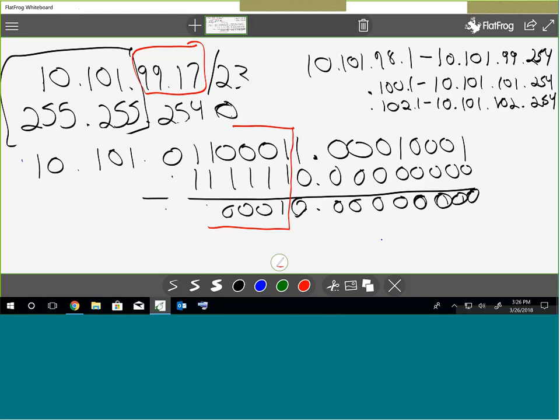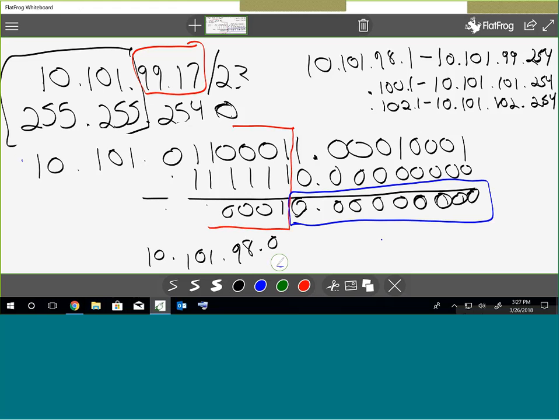So if the network number is 10.101.98.0, that is when all your host bits are zeros, correct? Right. Okay. So if I asked you to then find the broadcast ID for this network, what would you do?